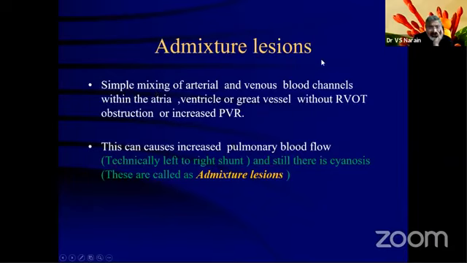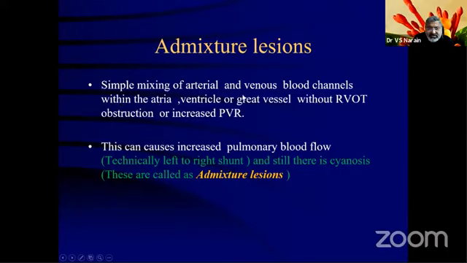So admixture lesions are those lesions where you have simple mixing of arterial and venous blood, either in the atrium, the ventricle or the great vessel, but there is no obstruction to the flow, neither at the level of the valve, below the valve, nor at the level of the periphery in the pulmonary vasculature. So there is no obstruction of the RVOT or increased PVR, and there is simple mixing.